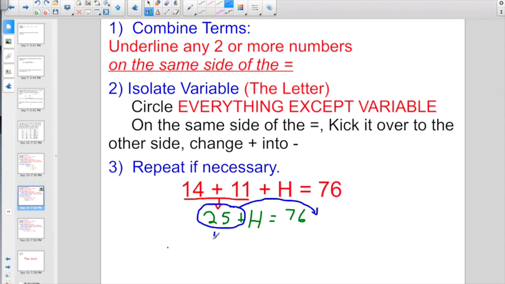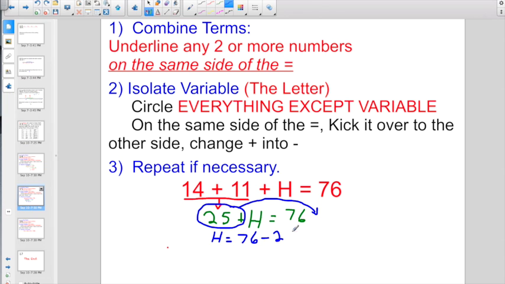I did not circle the H. I did not circle the equal sign. I did not circle 76. But I did circle 25 and a plus sign. I kicked that plus sign so hard he broke into a minus, and now I have my 25.